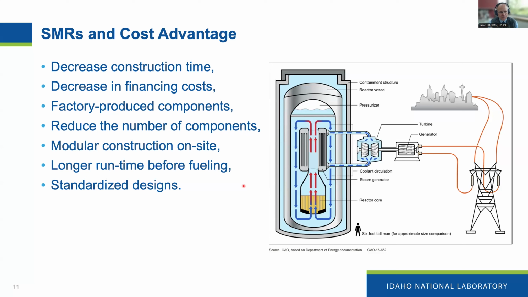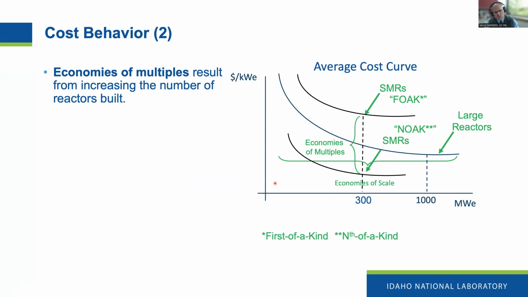There's a reduced number of components required. The modular aspect of plug and play, in other words build a plant and repeat, go on to the next one, build the same design and repeat, contributes to the economies of multiples and the cost savings associated with new nuclear designs, as does the fact that you can operate the new designs for longer periods before you have to refuel them. All of those contribute to economies of multiples.